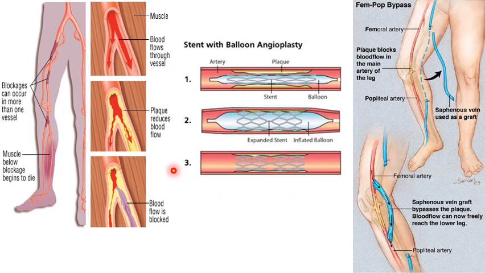This is another important thing to be known: the blockages, the occlusion of the femoral artery and its successive branches in the lower limb. So this is how the normal flow will be there. If there is any plaque being formed, the blood flow will be decreased, and as the plaque increases, there won't be any blood flow to that region, where the muscle gets damaged.